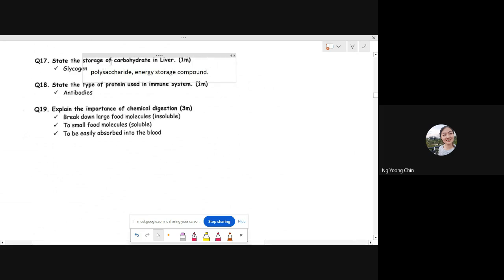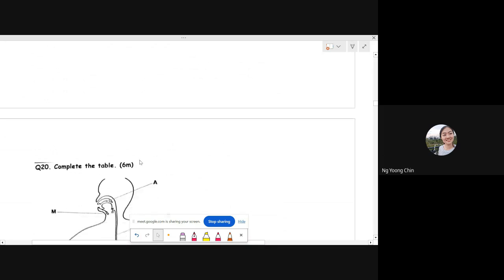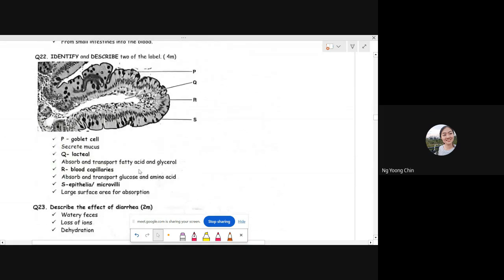So our body is able to store extra glucose in the form of glycogen. Whenever your body needs glucose input, the glycogen will be converted back into glucose. Okay, so I think that's all for this one.